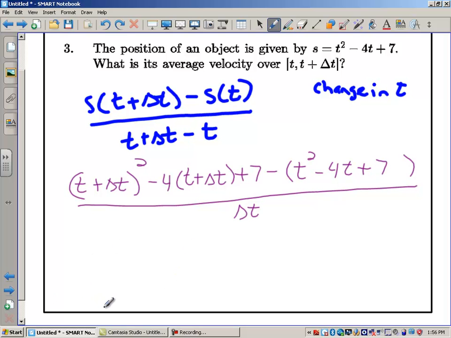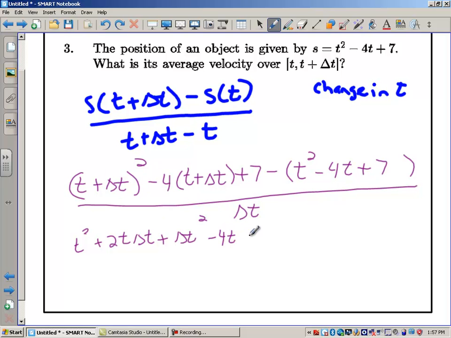Now, we're not done. We actually have to figure out this mess up here in the numerator. So I'm going to distribute t plus delta t squared, where you have to FOIL it out. We all know it's not just this squared plus that squared. So it's t squared plus 2t delta t plus delta t squared. That's squaring that all out. Now let's distribute the 4.